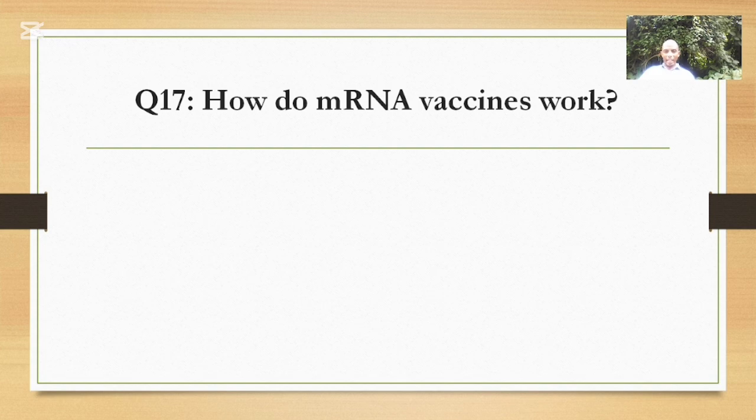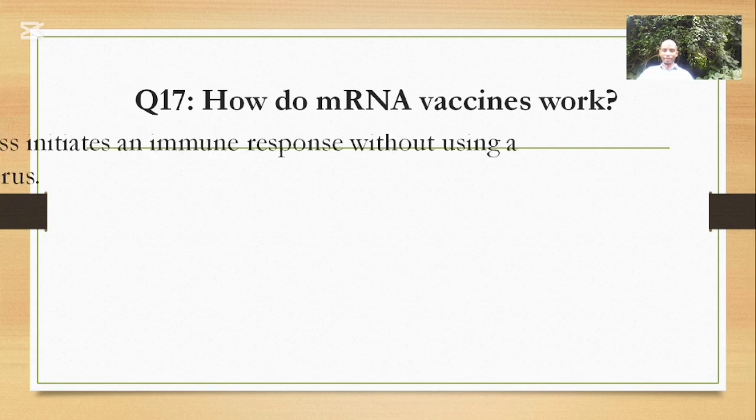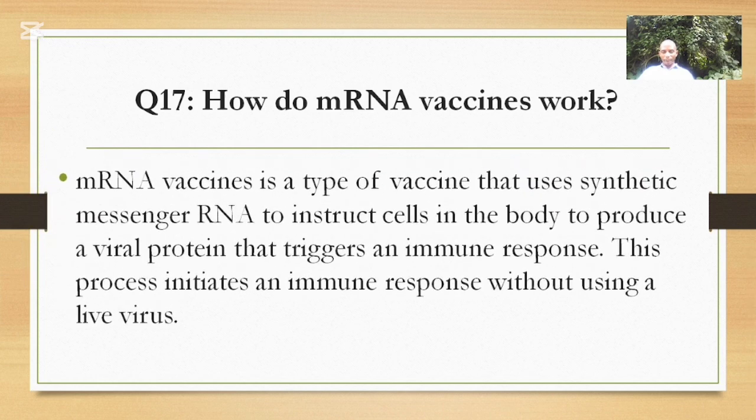The following question says, how do messenger RNA vaccines work? Actually, messenger RNA vaccines are synthetic messenger RNA which can produce a protein. That protein looks like the protein of the pathogen.